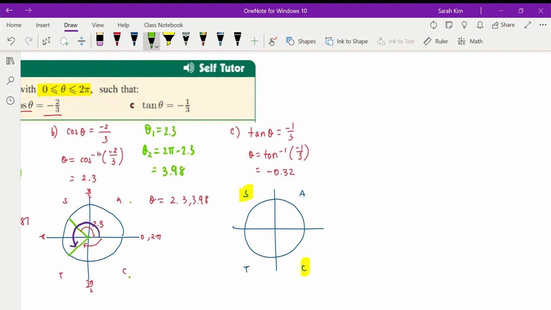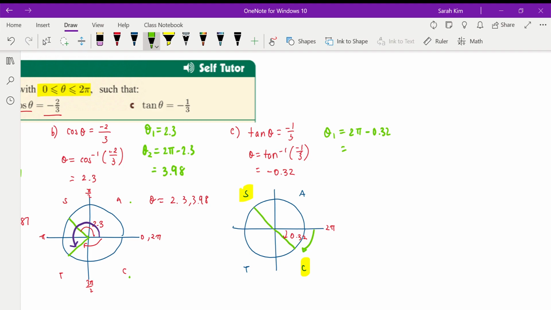So let's have a look. I'm going to draw some lines. Now negative 0.32 obviously is going to be that angle, so that angle is 0.32. So again, the first angle, in order to find it, we just go 2 pi and then take away that angle, 0.32.